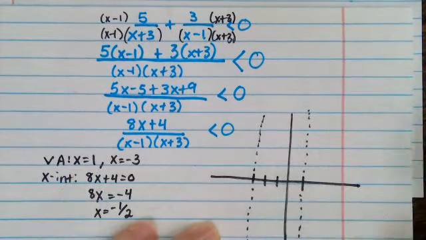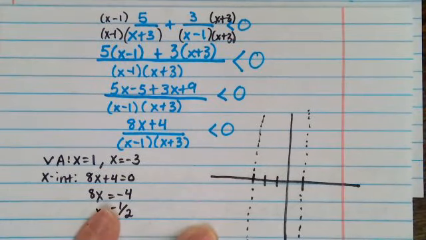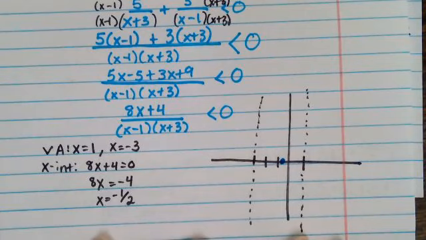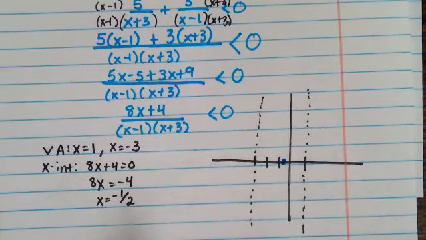We said that it's going to hit the x-axis at negative 1/2, so it's going to hit our x-axis around in here. With these asymptotes, we're going to end up seeing an interesting shape.